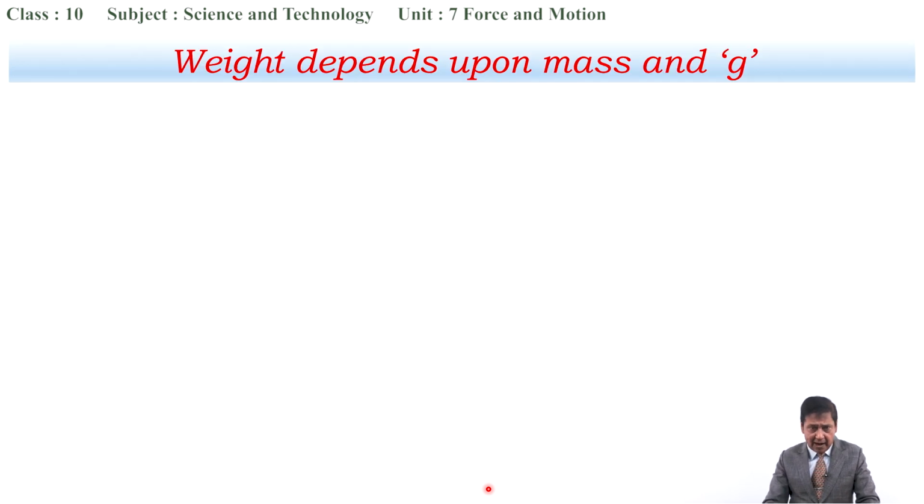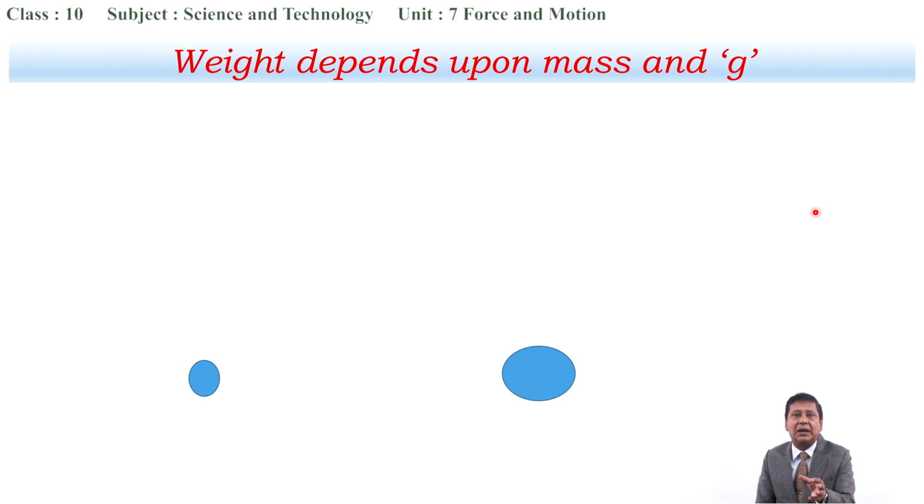Okay. Now let's go into some detail about weight, how it depends upon mass and acceleration due to gravity. This is, let's say, a small piece of iron. This is another bigger piece of iron in comparison with the first. The second one is bigger than the first.